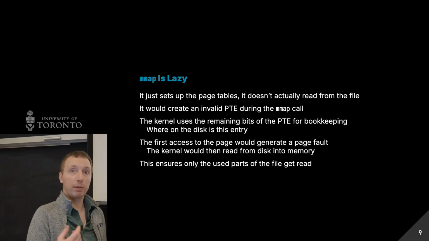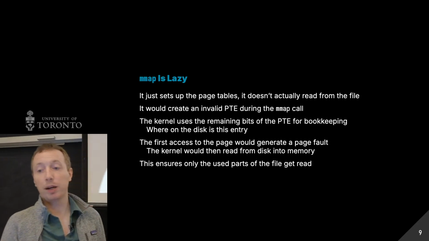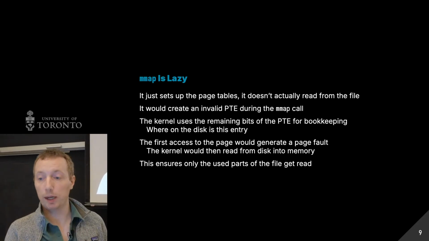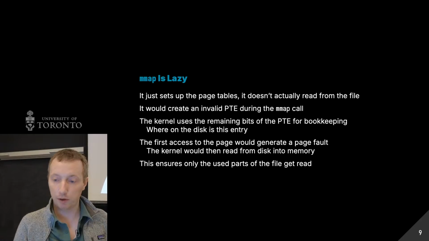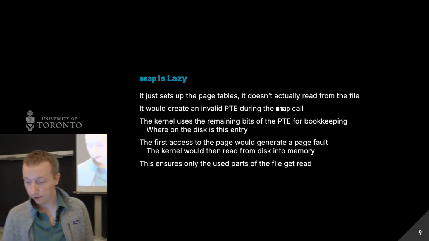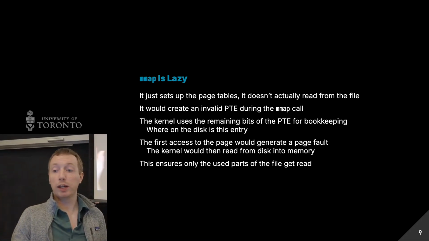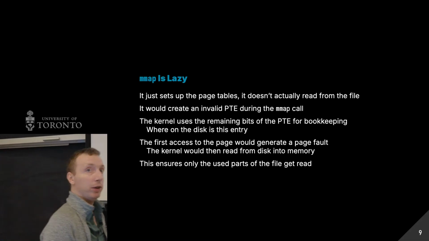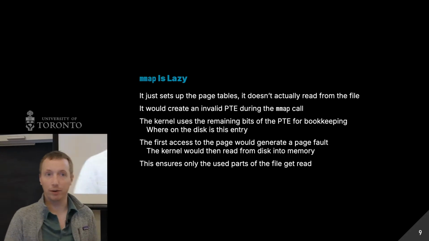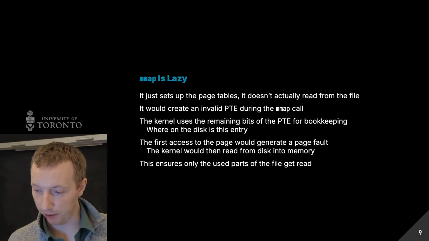The first time you access the page, it generates a page fault, and then the kernel reads data from disk into memory. This is great because only the parts of the file you use actually get read, which you can probably see where we're going with this.